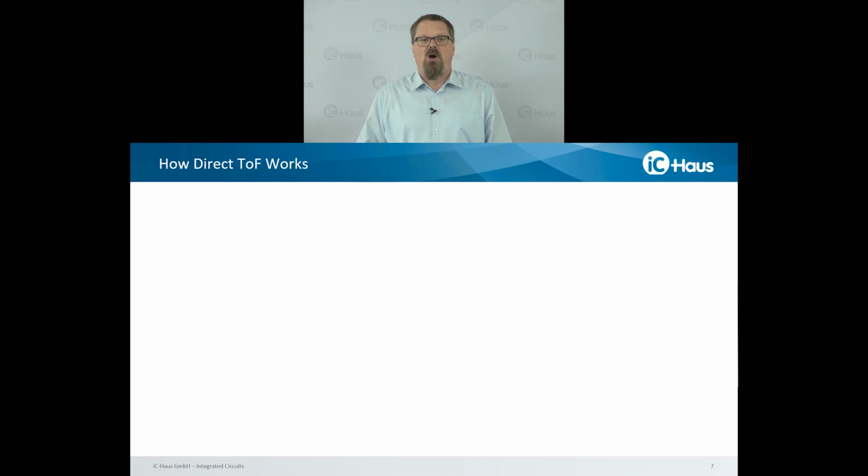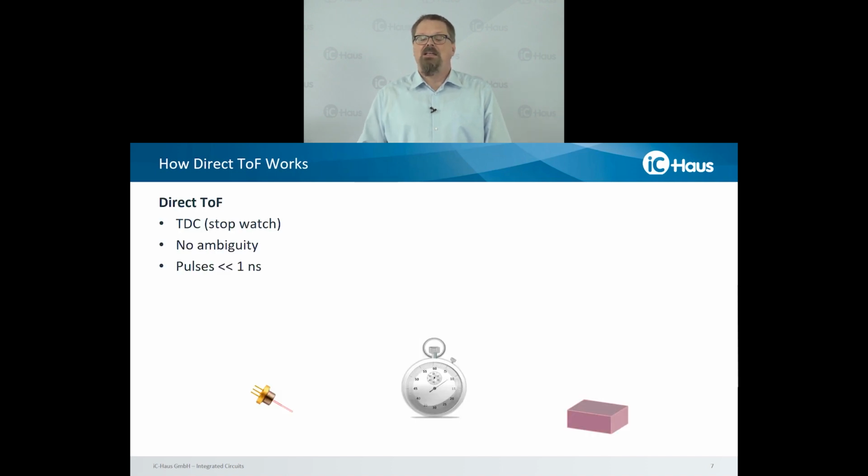A short recap on how direct time of flight works. The idea is to literally measure the time it takes the short laser pulse to travel from the laser diode to the target and back to the sensor.